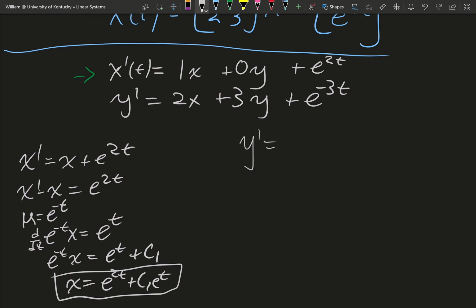We now have y prime. This is now 2 times e to the 2t plus c1 e to the t, plus 3 times y plus e to the negative 3t.